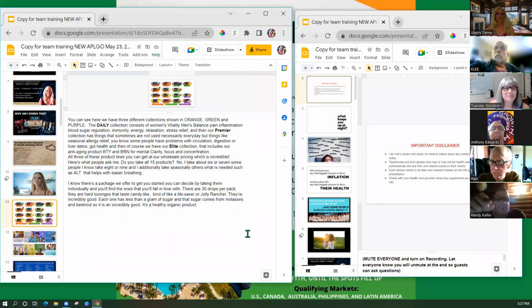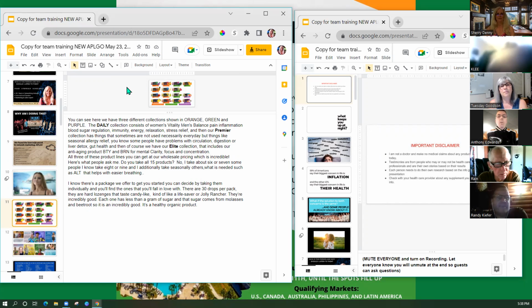So what you can see here are 3 different collections shown in orange, green, and purple. The daily collection consists of women's vitality, men's health, pain and inflammation, blood sugar regulation, immunity, energy, relaxation, and stress relief. And then, of course, we have our premier collection, which has things not necessarily used every day, like seasonal allergy relief, which is a big one for me.